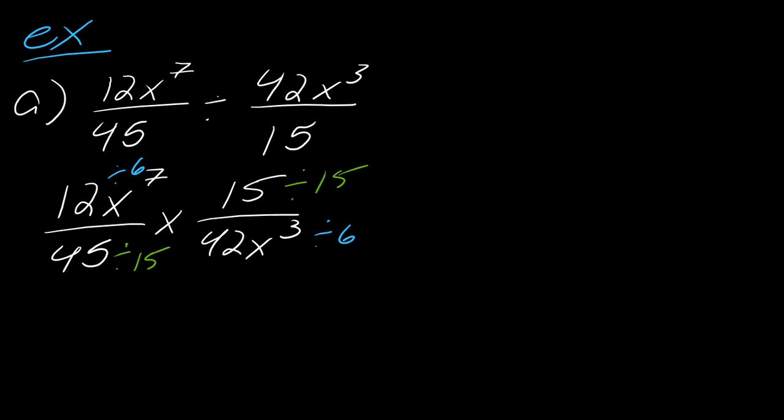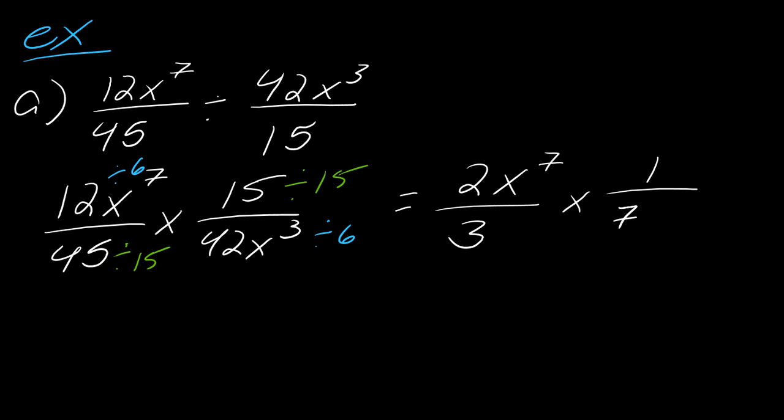I hope I'm right. Okay, I talked about in my multiplication video that I don't like to do too much too fast. So I'm just going to simplify the number parts of this and see where I'm at. This is going to become 2x to the 7th over 3, and this will be just 1 over 7x cubed.